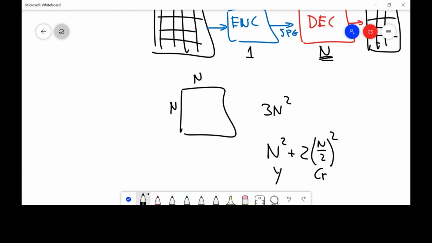So now, instead of the original size, what we have is n squared times 1 plus 2 over 4, which is 1.5.